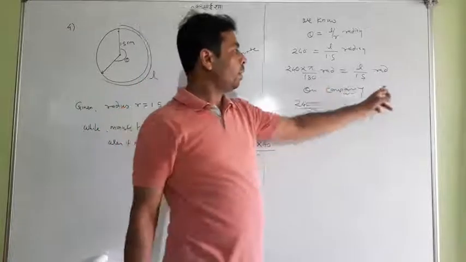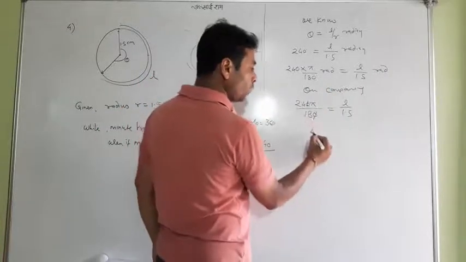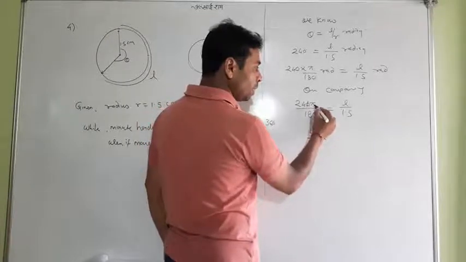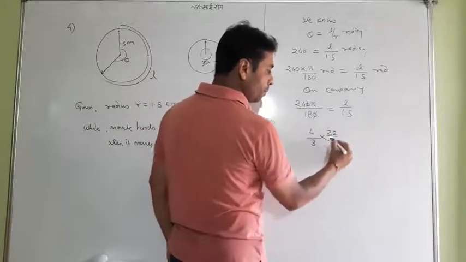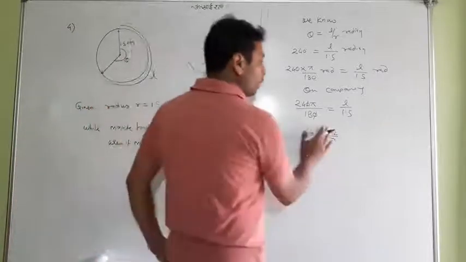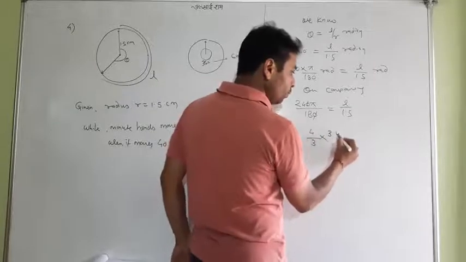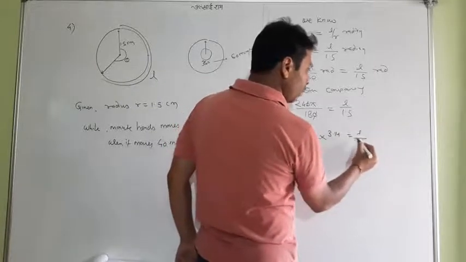Both radians will be removed from each other, and now this will be cancelled: 6 fours, 6 threes. Pi means 22 by 7, but you can follow the given; in the question pi is given as 3.14. So 4 into 3.14 equals L upon 1.5.